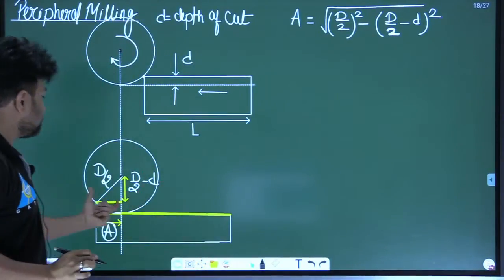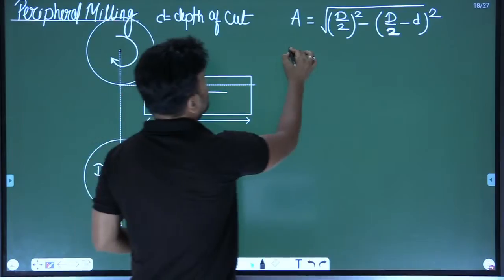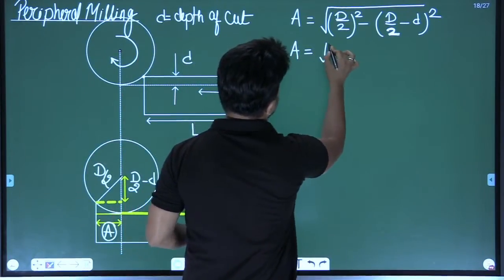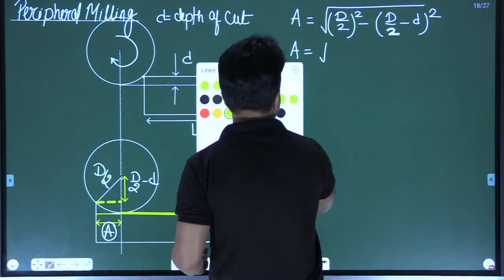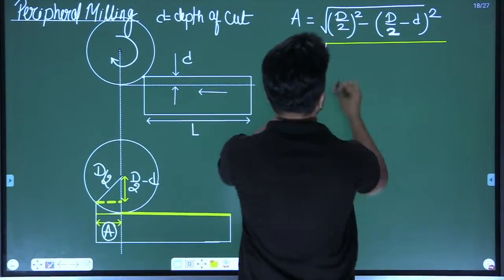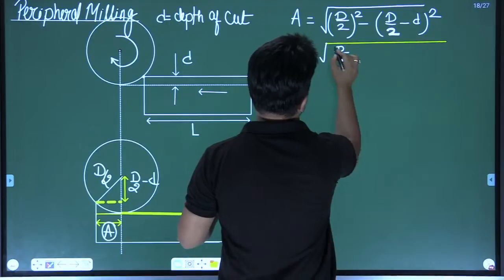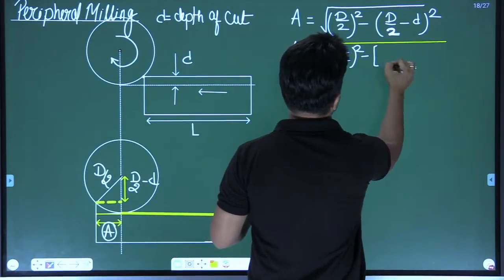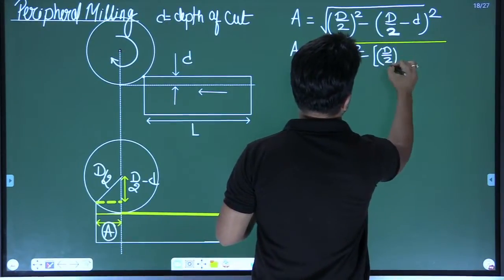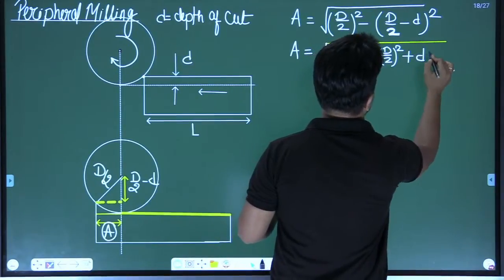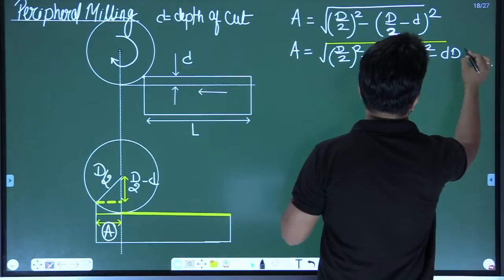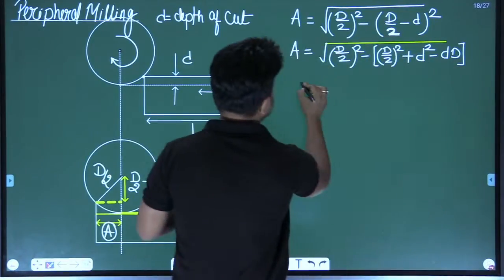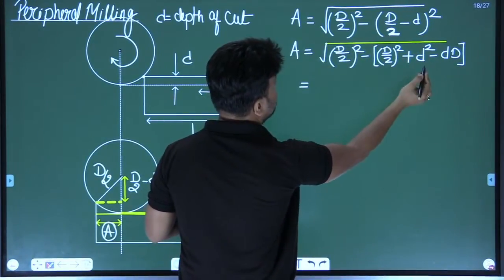Now the exact value of A is root of (D by 2) whole square minus (D by 2) whole square plus D small d minus small d square... once you expand, this will cancel, minus plus.